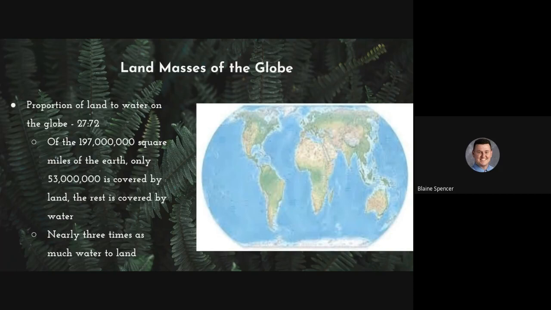When we look at the earth, there's 197 million square miles. When you break this down, only 53 million is covered in land. That means the other 144 million is covered by water.